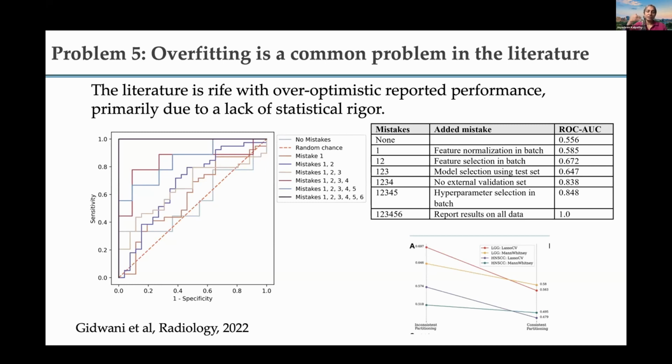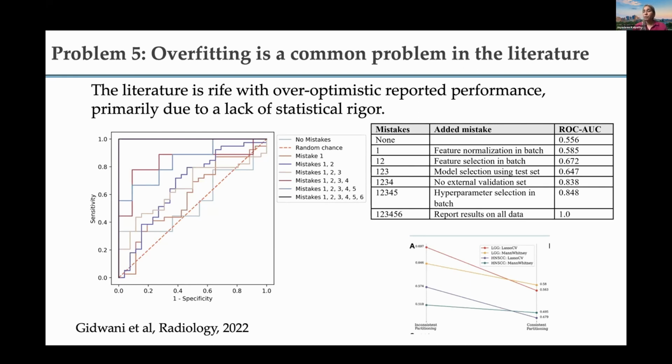And what we show is that many of these mistakes compound. We took real data from TCIA, two data sets, and we had essentially random features generated with true outcomes, and showed that we were able to associate these random features with the true outcomes by doing all these mistakes, going from essentially a random AUC to a perfect AUC.